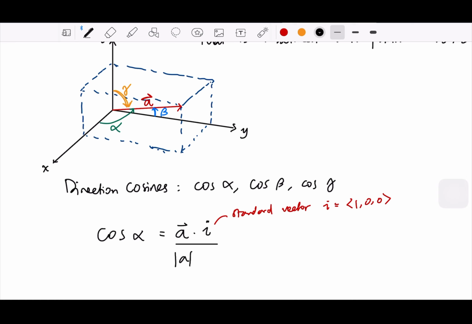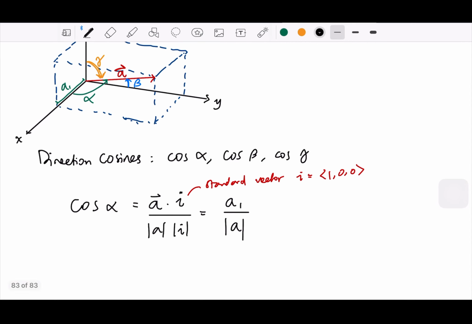And basically, using the dot product formula, we get that this becomes A1, where A1 is the x-component of A. So this becomes A1 over the magnitude of A.